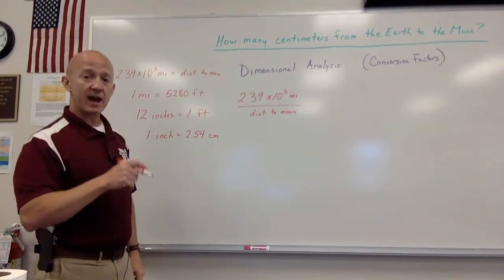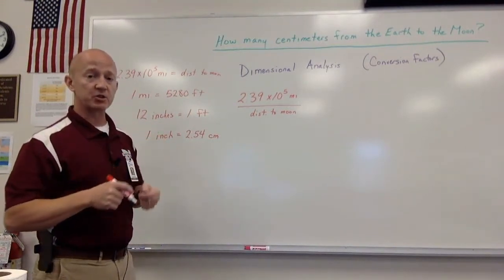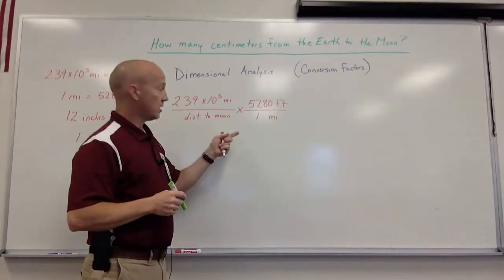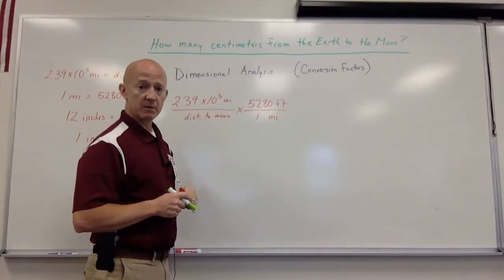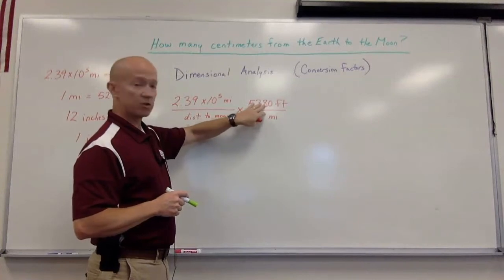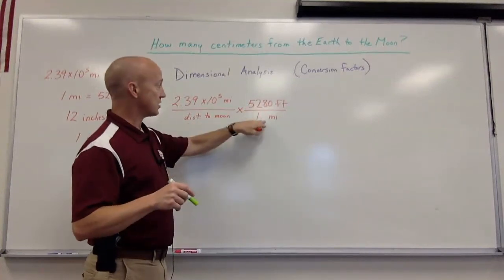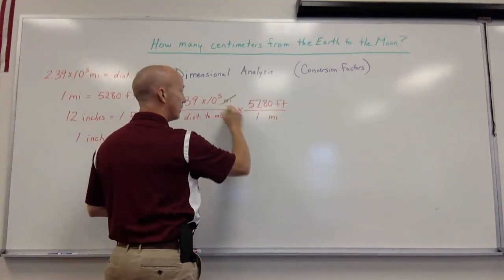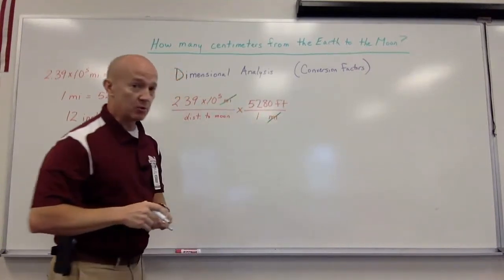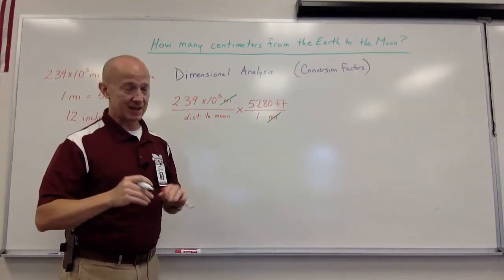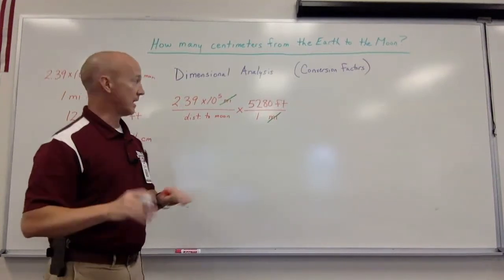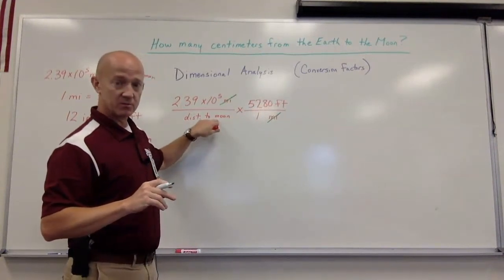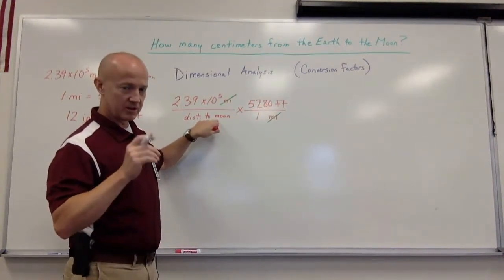So, let's take that and arrange that conversion factor in such a way that miles will cancel. You see that? So I've taken the equivalence statement and given us a conversion factor, arranging it in such a way so that if I multiply these together, the units, miles, cancel out, leaving me now with feet per distance to Moon.